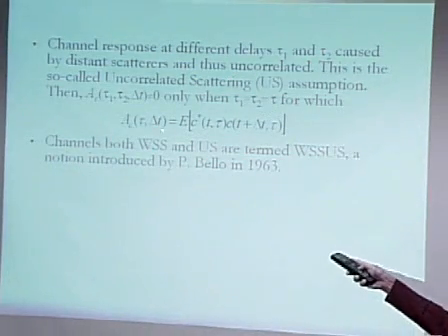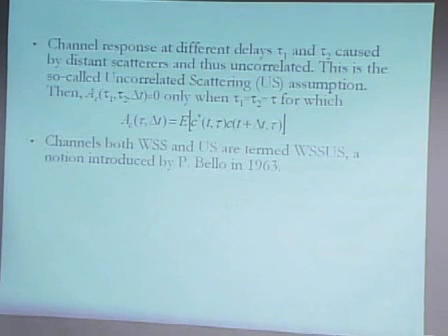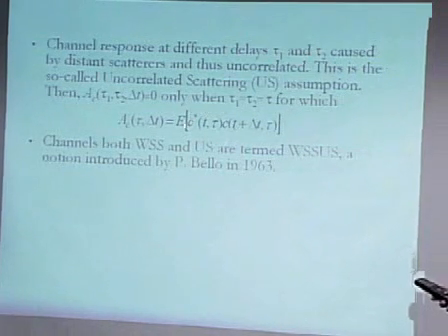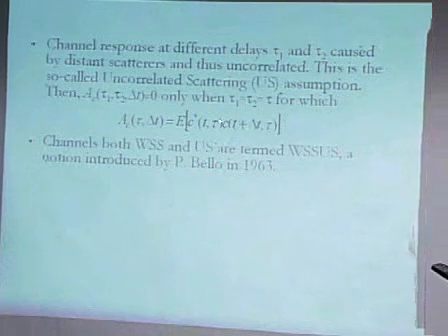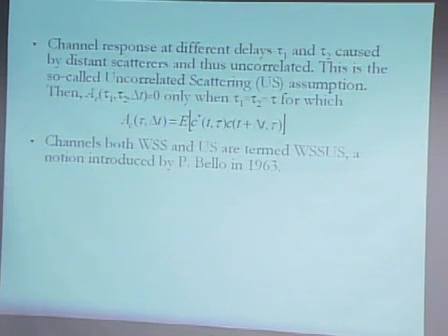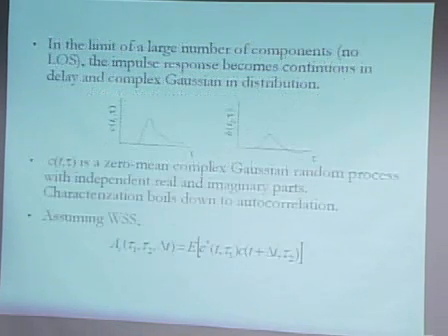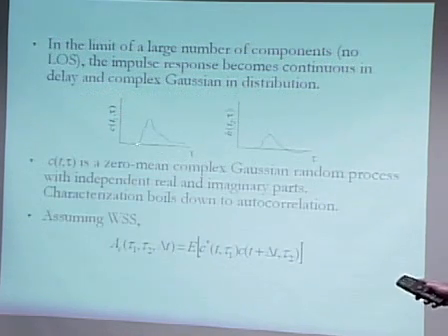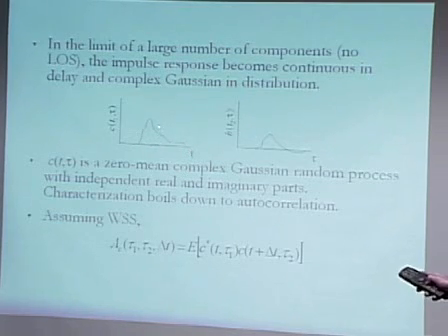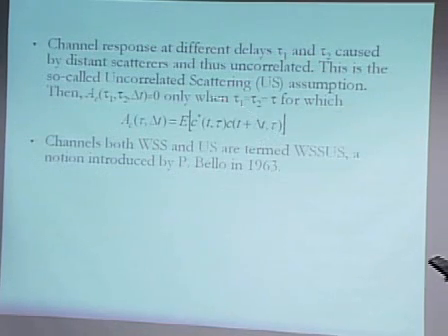So the autocorrelation of tau, delta t is the expected value of the impulse response C at time t and delay tau times C at time t plus delta t and the same delay tau. So we pick a delay tau, and we see how this function at two different times, t and t plus delta t, is related.